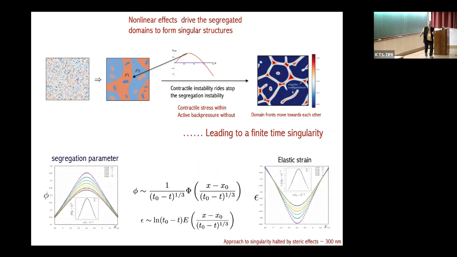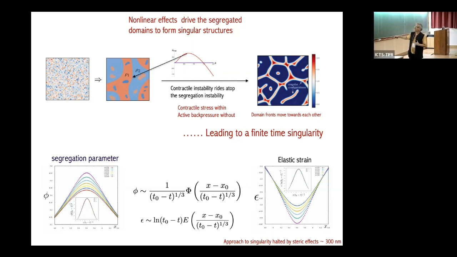This gives rise to finite time singularities. One can actually calculate the way the shrinkage happens. As the shrinking happens, the peak of phi increases to infinity and the width decreases to 0. The way phi increases to infinity, and concomitantly how the strain increases to infinity, is of this form, and this can be obtained by a standard matched asymptotic calculation and finite time singularity calculation.